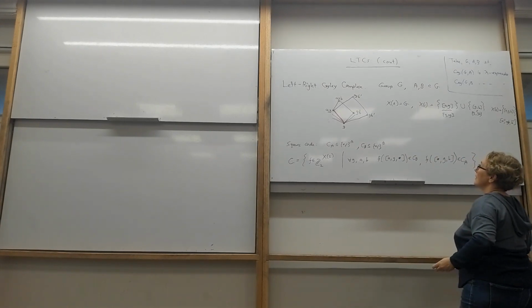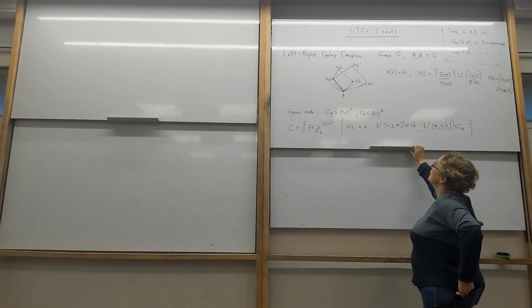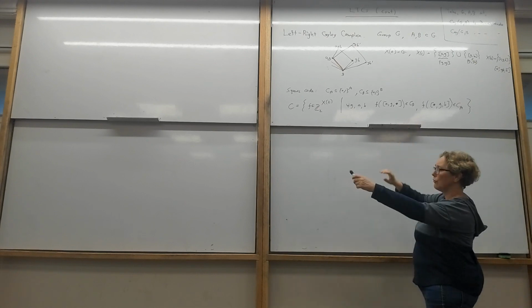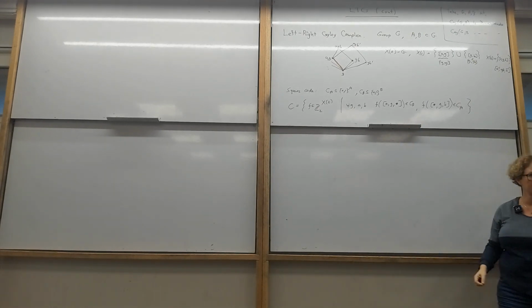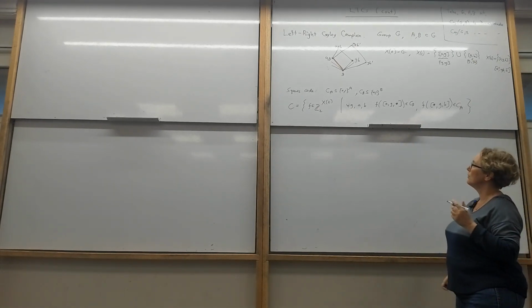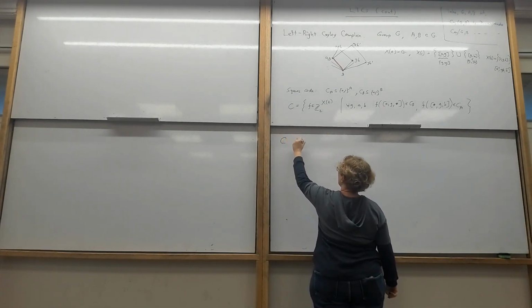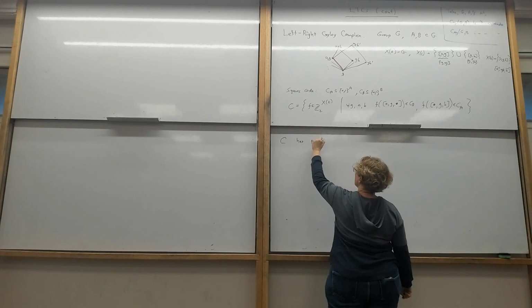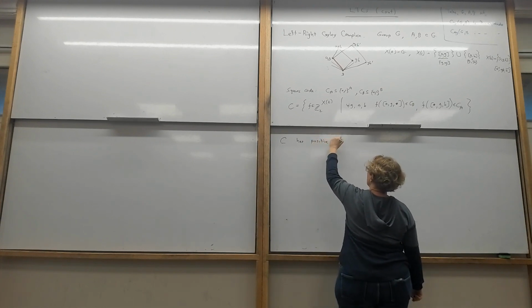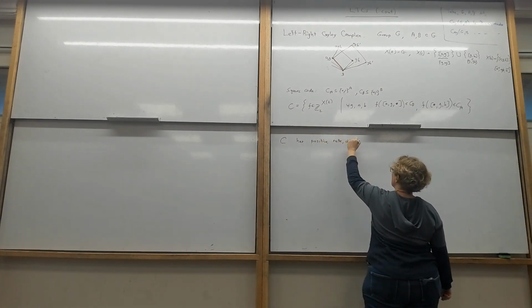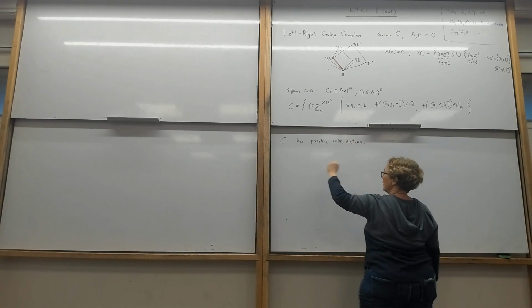Okay, so what's local testability? We didn't show it completely, and I want to finish. C has positive rate and distance. That's clear.